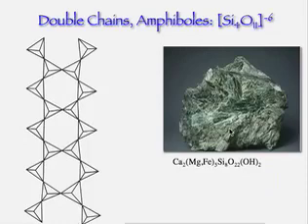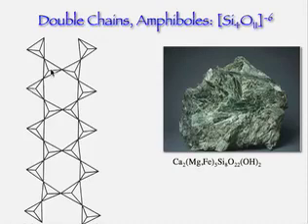Double chains. We're continuing this condensation process. Now, what I want you to notice in double chains is that we have 2 types of silicon tetrahedra. Here, this silicon is sharing 3 oxygens with its neighbors, and it has 1 unshared. This silicon is sharing 2 oxygens with its neighbors, and it has 2 unshared. So this silicon has the same environment as the ring and the chain silicates, but this one does not.